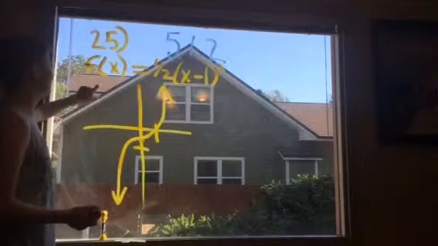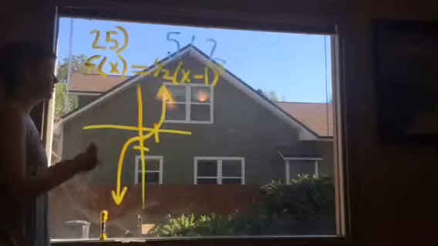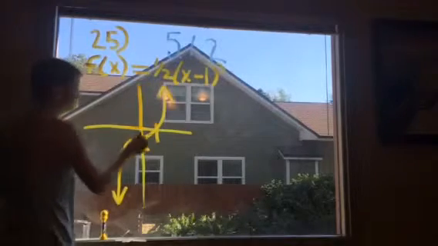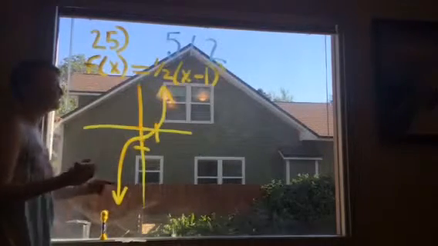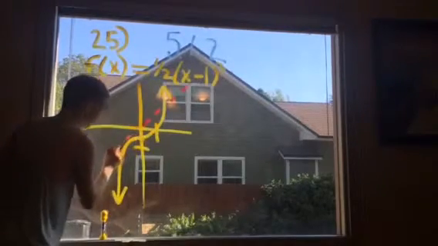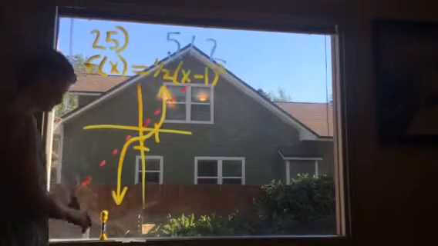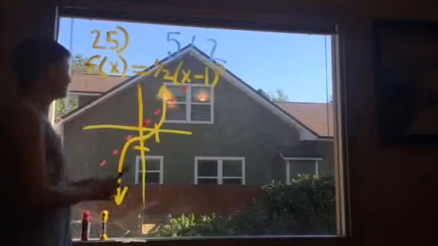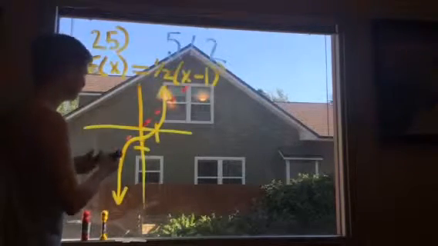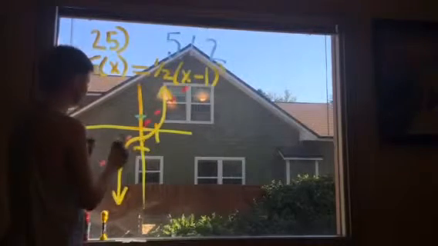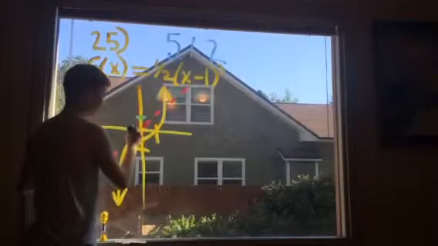Now, to graph the inverse of a function, you can just reflect it over the line y equals x, which is this line right here. This dotted red line is y equals x. If we reflect the parent function over y equals x, it's going to cross right there at 1/2.